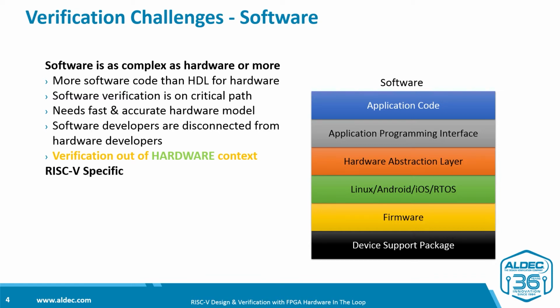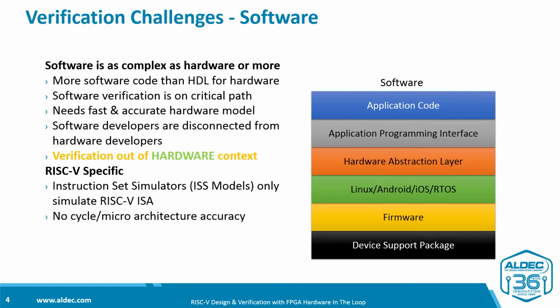And how important it is you can realize looking at the RISC-V available resources. So the ISS models, they only simulate RISC-V instruction set architecture. That's obvious because you can implement the same ISA in many different ways.